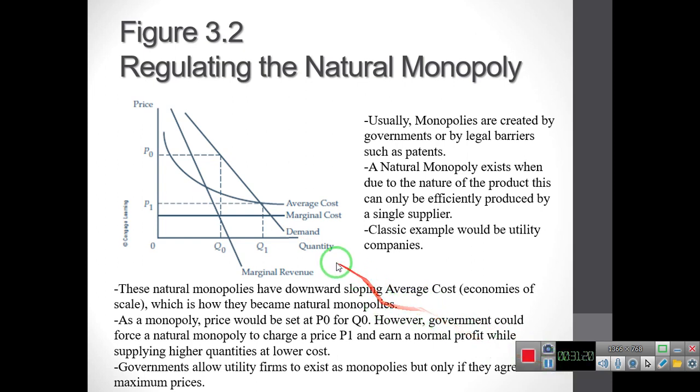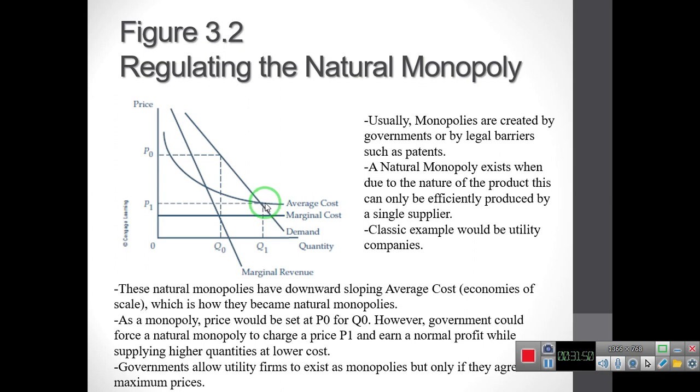The government could investigate and find out that the average cost curve is downward sloping, right? It keeps going down and down and down. The government could force the utility company, the natural monopoly, to provide the services or sell the good where the average cost equals the demand curve, which is more in line with the typical behavior of a competitive market.